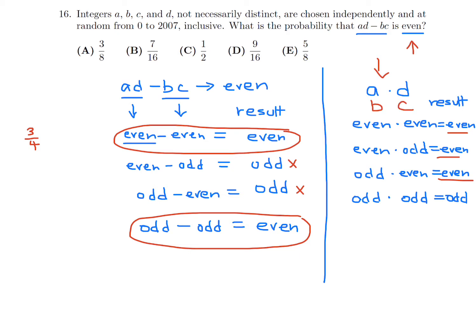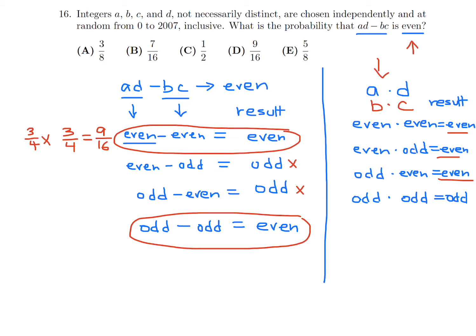If this was B and C, it really doesn't matter. If they are in this scenario, or this scenario, they're going to be even when you multiply them, B and C. So again, the probability is 3 over 4. So both of these have to be even. So 3 over 4 times 3 over 4, that's how you get the probability of that scenario, which is 9 over 16.